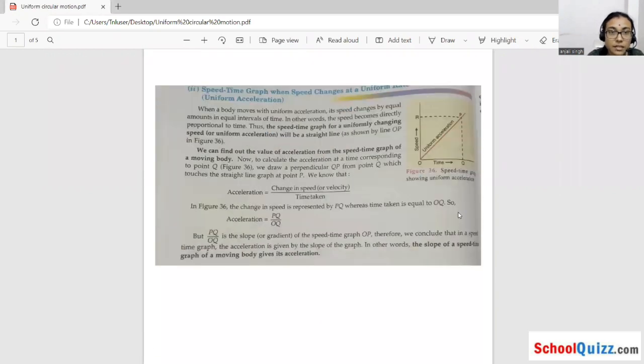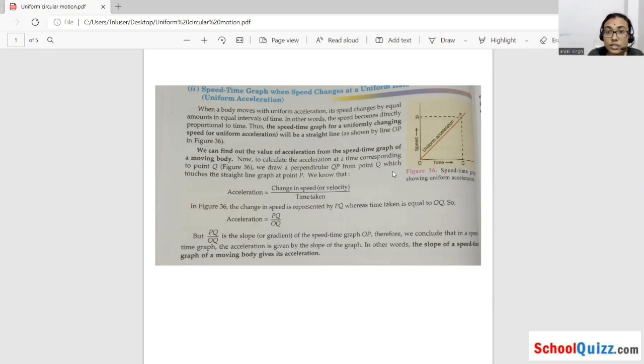Here, as I told you, we'll study the graphs. First, the speed time graph, when the speed changes with uniform acceleration. You can see this is the speed time graph, and the body is changing its speed with respect to time in a uniform manner.